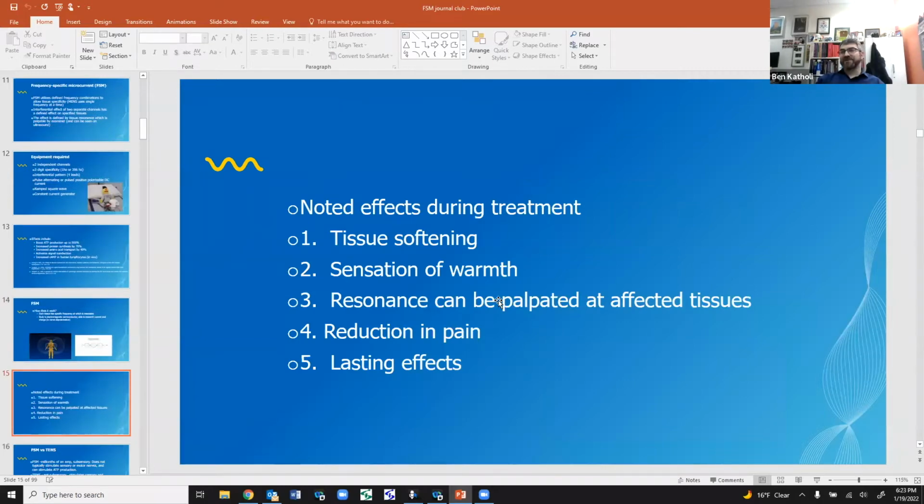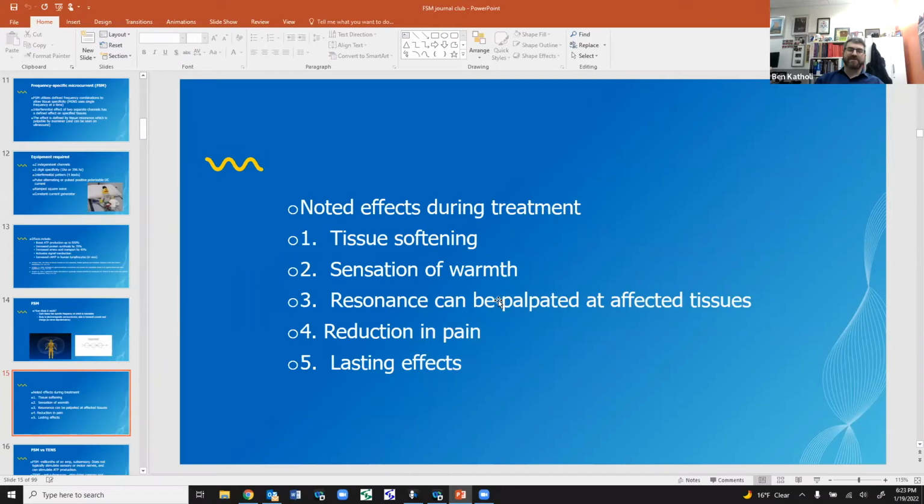What do we see when we treat people? So there are immediate effects. There's a relaxation of the tissues. There's a big autonomic response. You can palpate resonance at really injured tissues. If you are trained in palpating cranial rhythm, it changes cranial rhythm significantly.